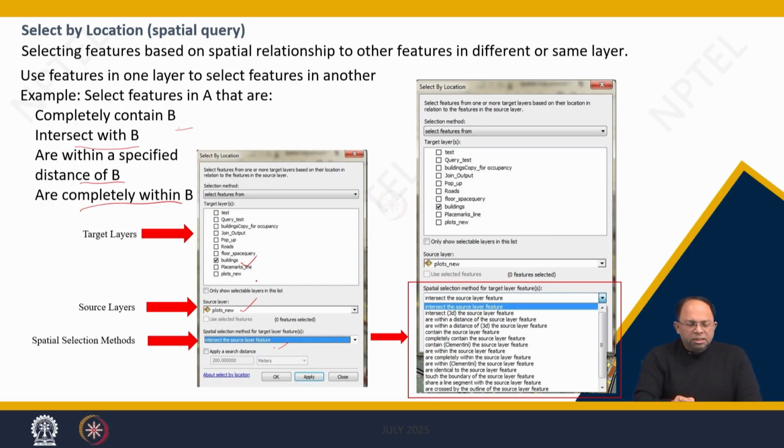So we are checking if buildings and plots new are intersecting or not, right? But instead of intersecting, we could have looked into other things as well, like are within a distance of the source features, contain the source layer feature, are within the source layer feature. So all the different topological relationships that could be tested between these two features from two layers.